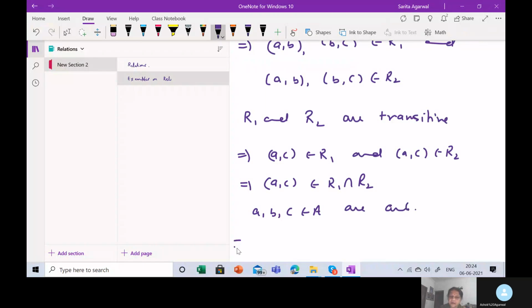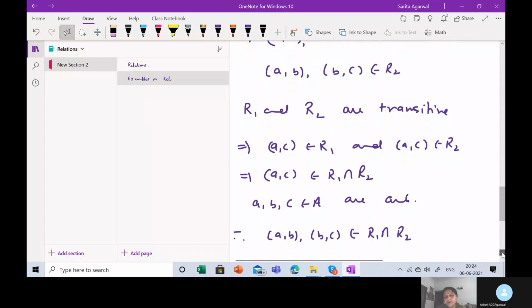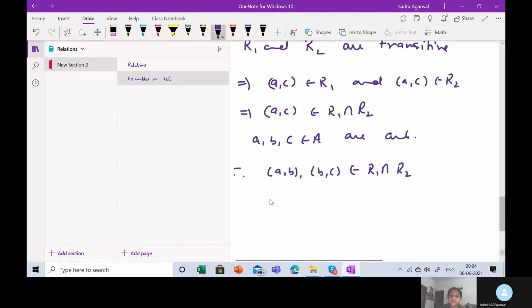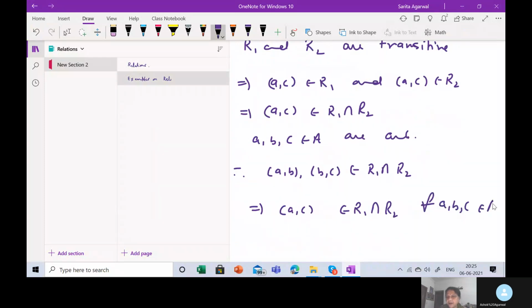Therefore (a, b), (b, c) belonging to R1 intersection R2 implies (a, c) belongs to R1 intersection R2 for all a, b, c belonging to A, which implies that R1 intersection R2 is transitive.